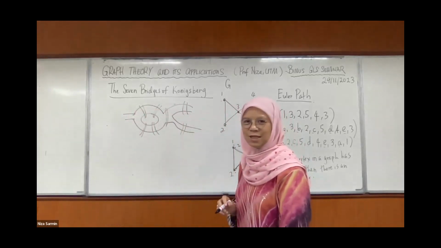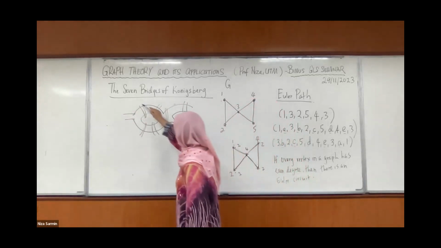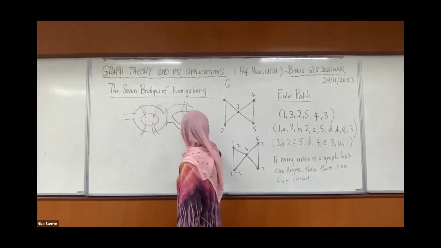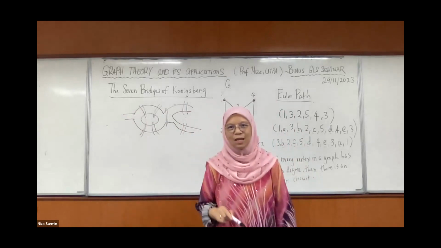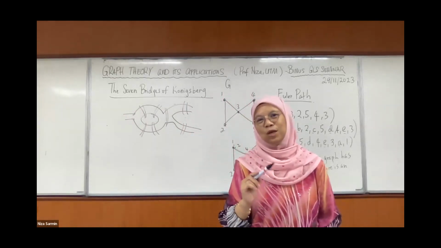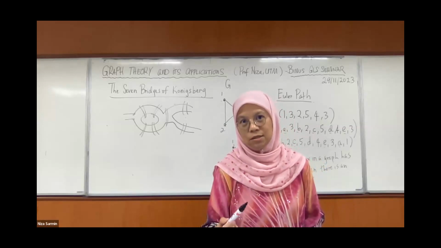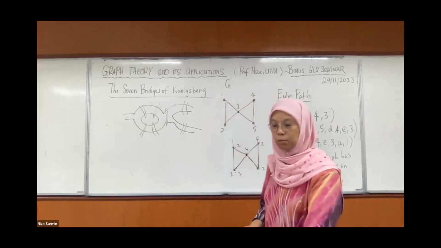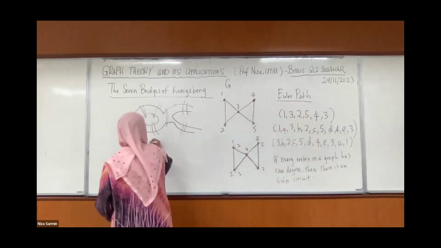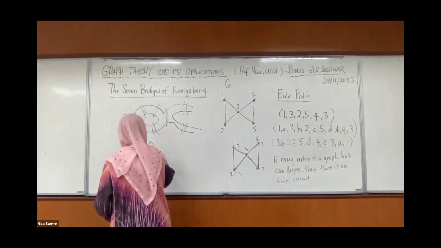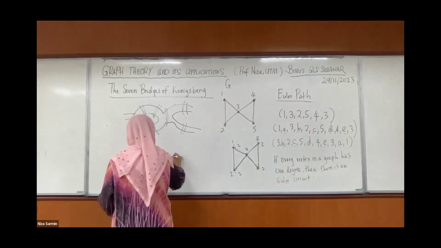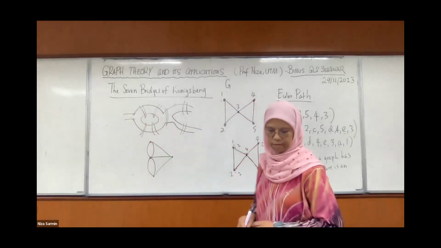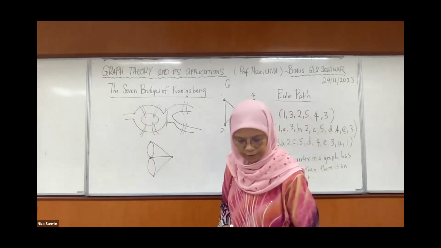Okay, so this is like a graph. Can you go like here, then go this bridge, then this bridge? If you look at it as a graph, we are trying to go through the edges exactly once. So this is the model, and we got a graph like this. Okay, that is the graph.